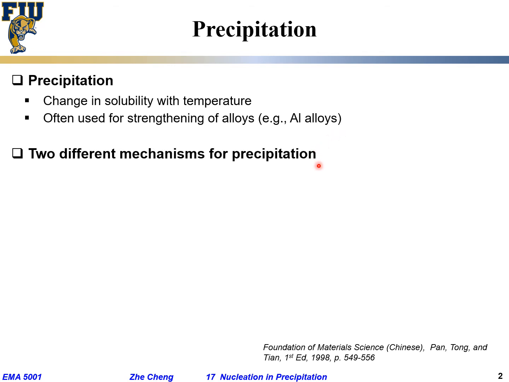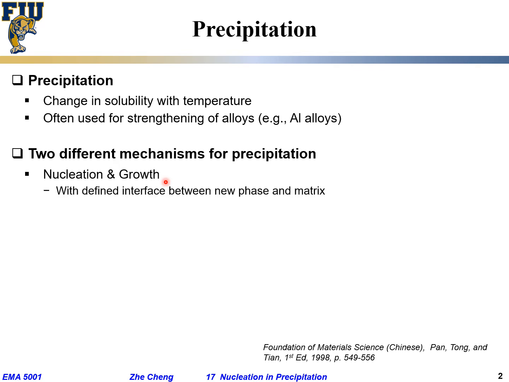But generally, for the precipitation process to happen, there are two possible mechanisms or two different pathways. One of them is called the nucleation and growth pathway.